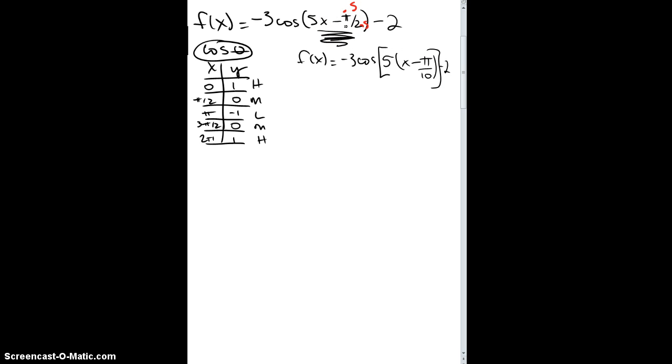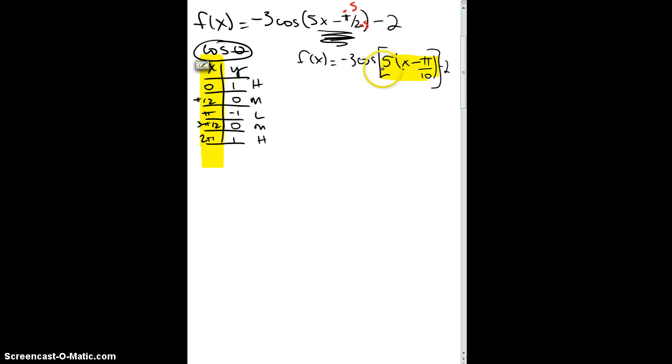All right, so I want to find my 5 new key points. So the stuff that impacts the x is right in there. And so that is what I'm going to do to my angle, right? This input right here is going to be impacted by that. All right, so now let's go back and do the math.